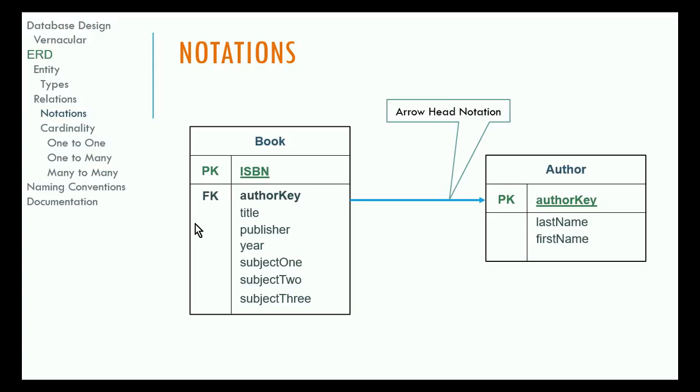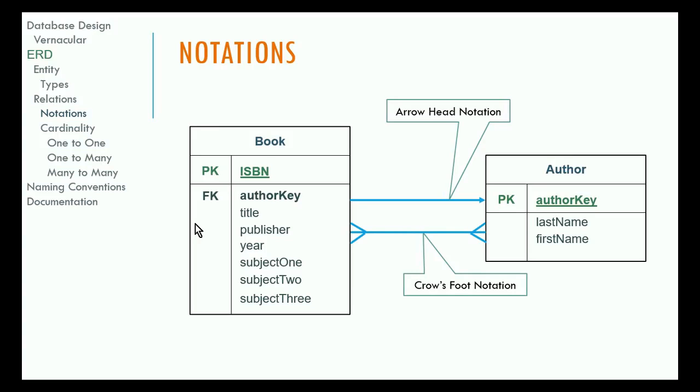In other words, the foreign key points to the primary key in author. That's why I wanted to show the foreign key in this particular diagram. So you can see that eventually the foreign keys would be in the left-hand side table in this example, and it would point to a primary key in another table. So the arrowhead notation is okay. It doesn't give us a lot of information about cardinality, which I'm going to talk about in just a minute.